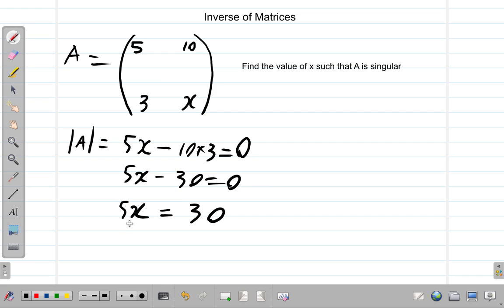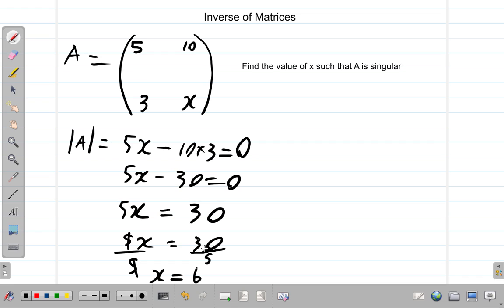What do you do next? To get rid of the 5, you divide by 5. So 5x equals 30, you divide by 5. 5 cancels 5, so you have x alone equal. But you must divide here by 5 as well. 5 into 30 is 6. So x is equal to 6.